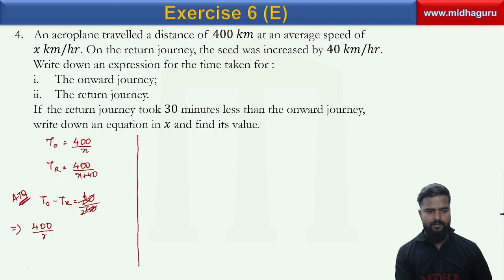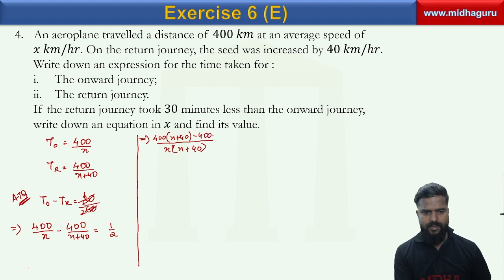So we have 400 by x minus 400 by x plus 40 is equal to 1 by 2. So we have 400 into x plus 40 minus 400x is equal to 1 by 2. We can cut off this x as it will be 400x and the bracket opens, this is minus 400x.